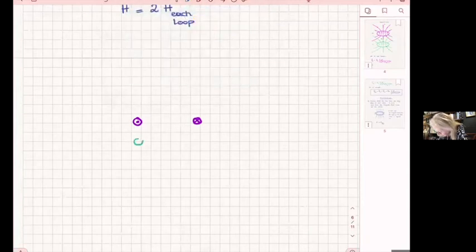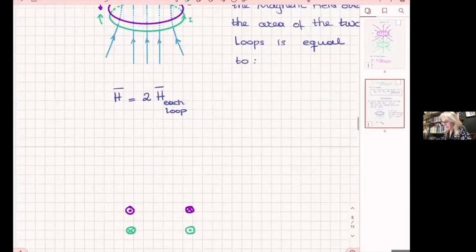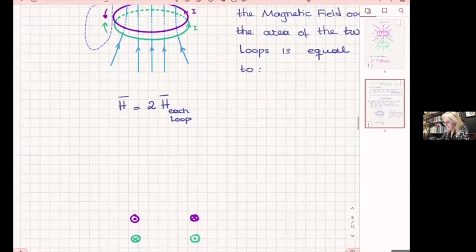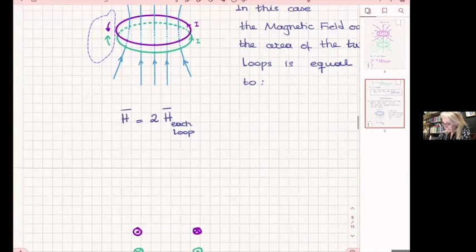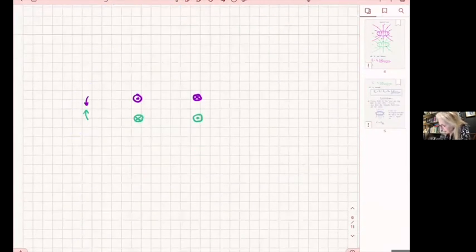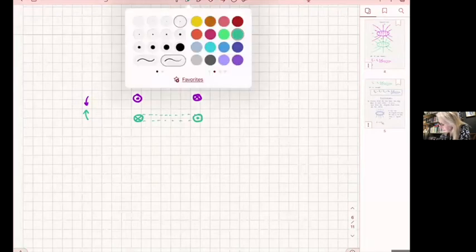It goes like this and comes out here. All right. I've changed the directions of the current. So I can take that here practically. All right, so assume that this is the cross section of one coil, of one loop, and that is of the other.